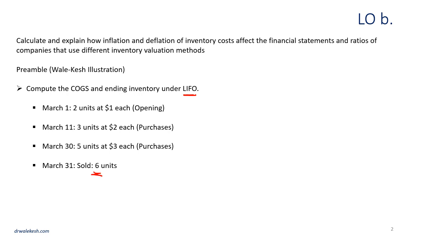Since 6 units were sold, that means these 5 units will be part of cost of goods sold. We have 1 unit left out of the 6 units sold. That means the 1 unit left would be at $2.